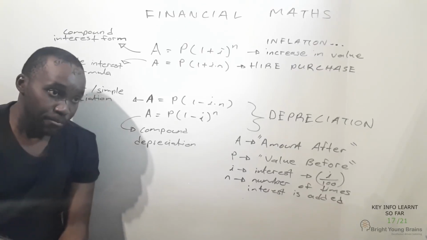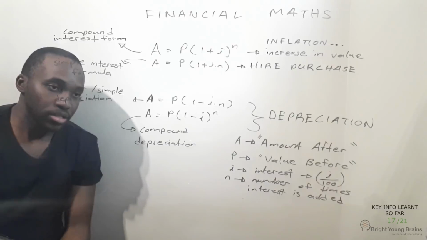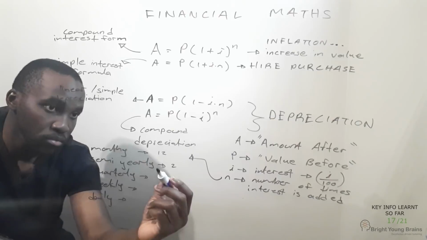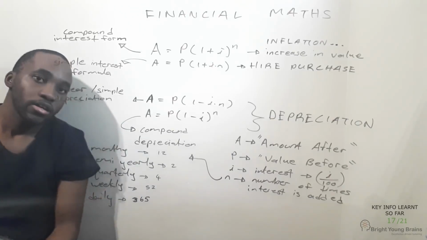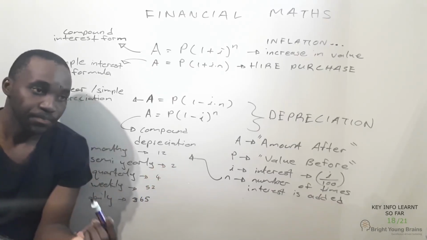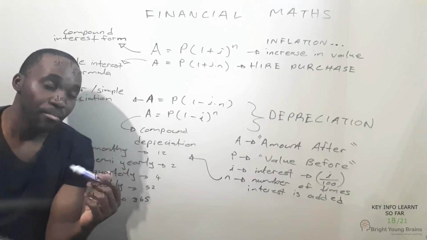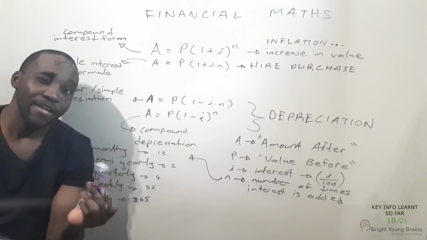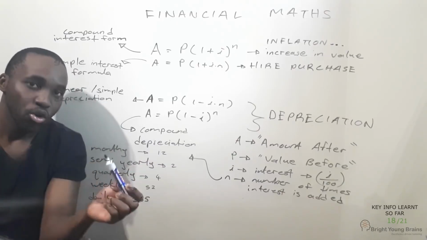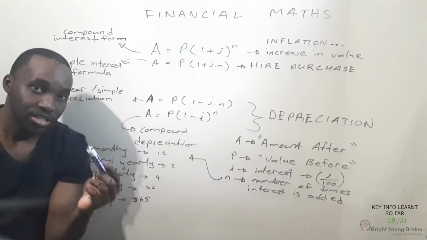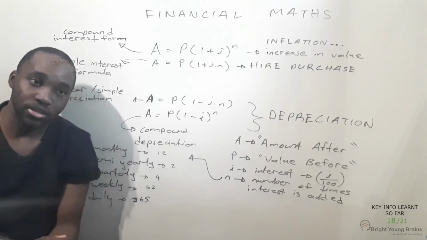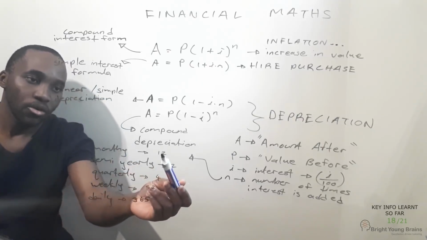This is where people lose or gain a lot of marks, in the sense that with n, n will always need to be multiplied by one of these values depending on your given description, in the sense that if your amount of money is going to gain interest over 5 years and the amount is compounded monthly, semi-yearly, quarterly, you always need to make sure that your value for n is the years that you're given multiplied by your compound, in the sense that if they tell you it's compounded monthly, you multiply your years by 12.